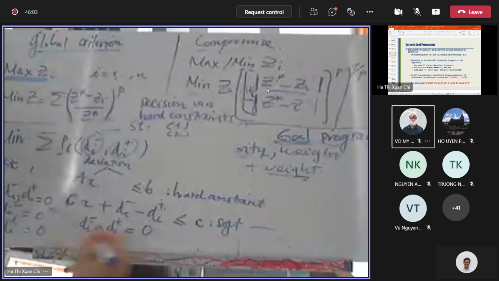So in real life, they prefer to select goal programming to solve the problem. So for the deviation, for preemptive, for the model here, I will give you an example. What example is in slide 19? Everyone look at slide 19.